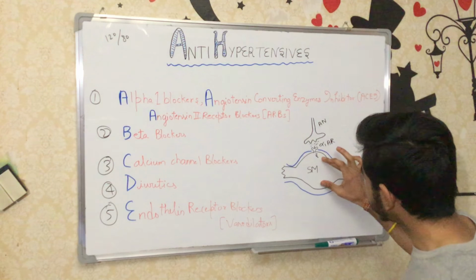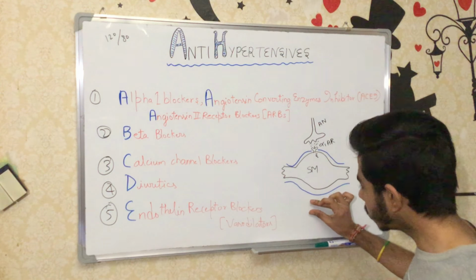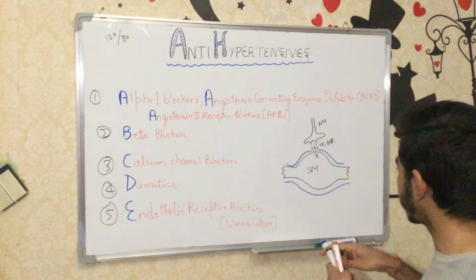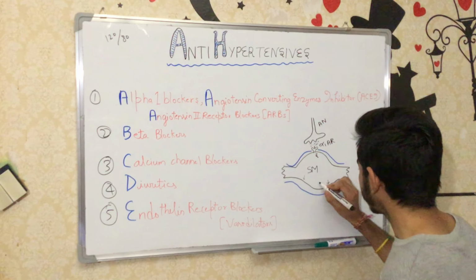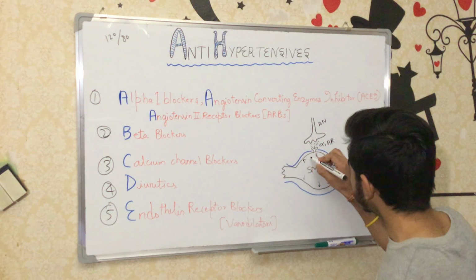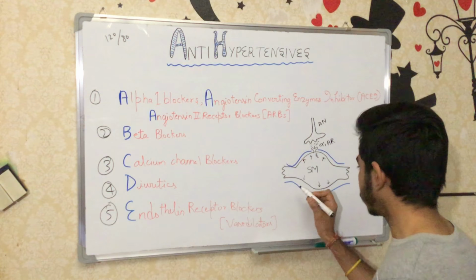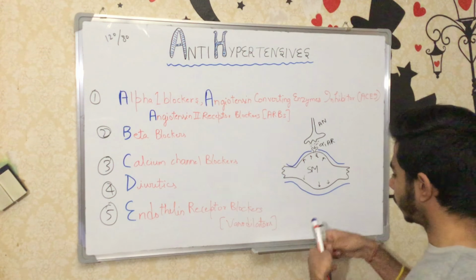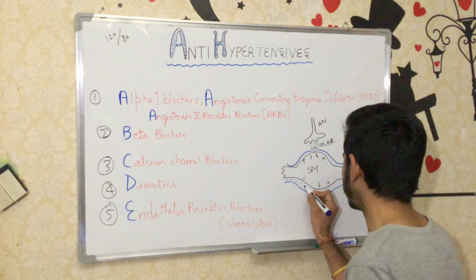So as the smooth muscle contracts, the lumen will begin to constrict and shrink.